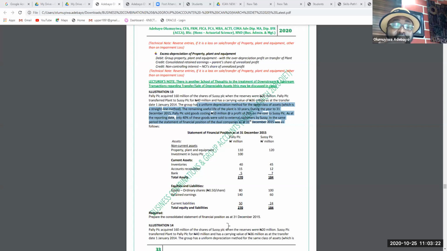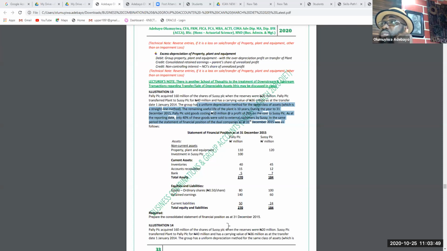Let us go back, so we don't miss anything. How many intercompany transactions are there? I'll say one. Which one is it? That is the sale of goods to Suzy costing 10 million. Sale of goods. Yes. Okay, no problem.